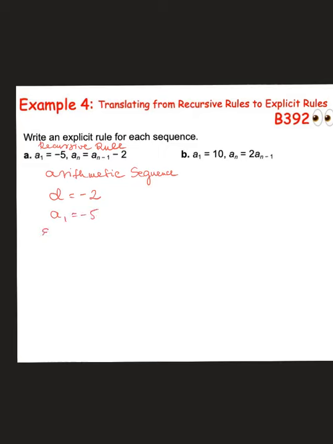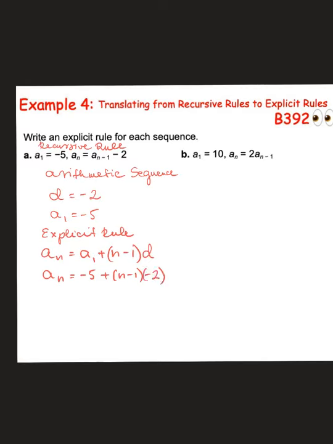So the explicit rule for an arithmetic sequence is a sub n equals the first term plus n minus 1 times the common difference. Since I know the first term, I can substitute that for a sub 1, which is negative 5. And I also know the common difference, which is negative 2.